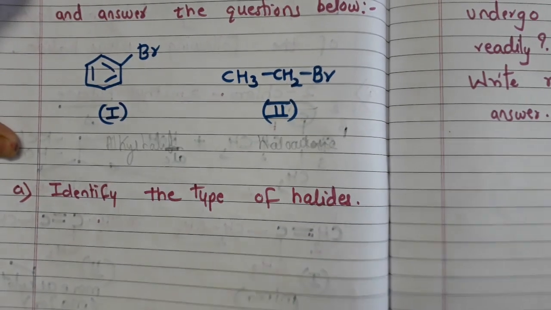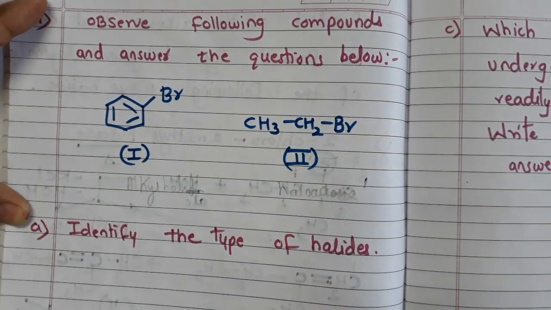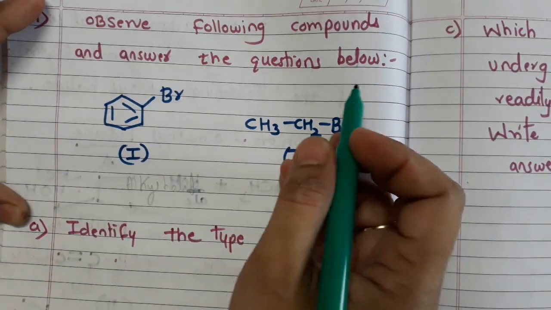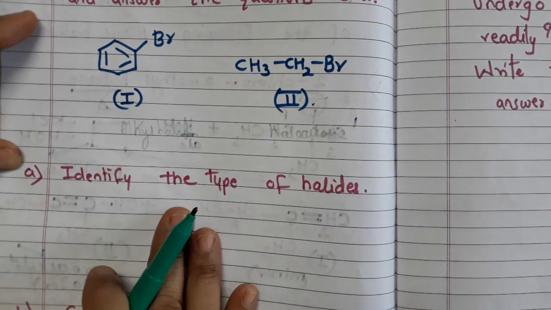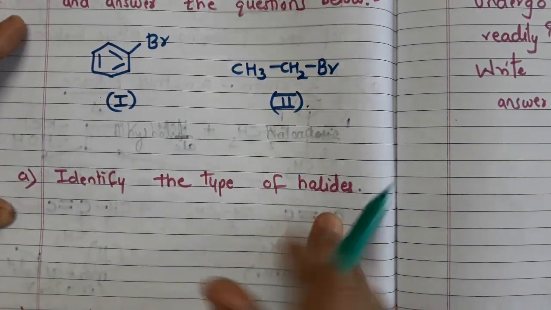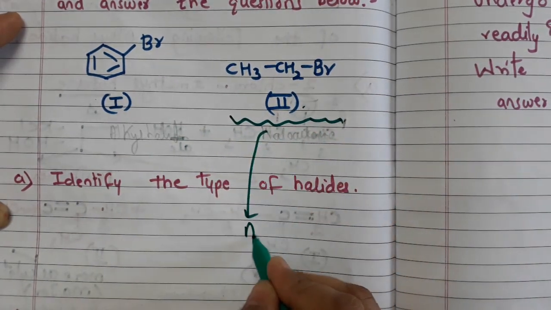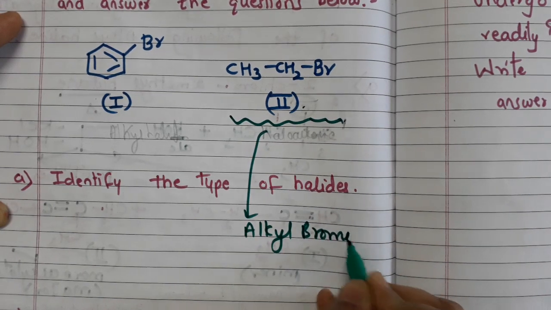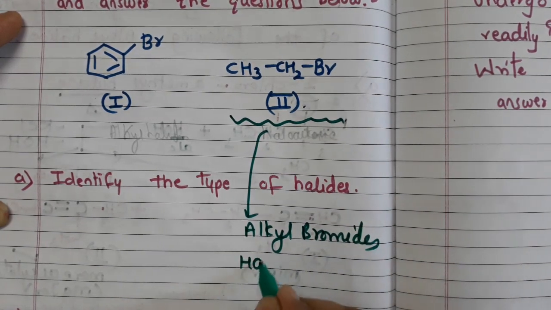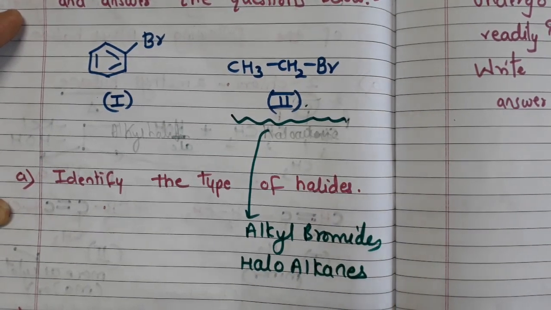Now students, the next question is, observe the following compounds and answer the following questions. Now this is the first compound, this is the second compound, and the question is: identify the type of alkyl halide. Now see, this is very easy to identify. This is alkyl bromide, or you can write it is haloalkanes.